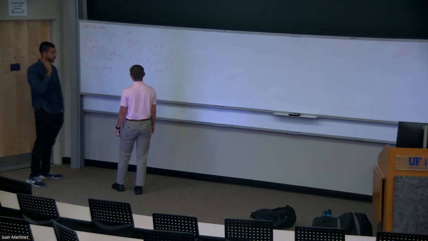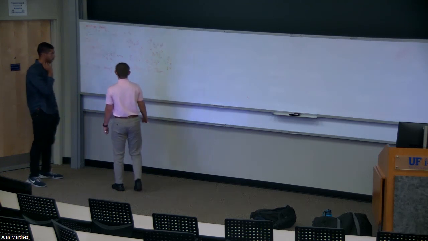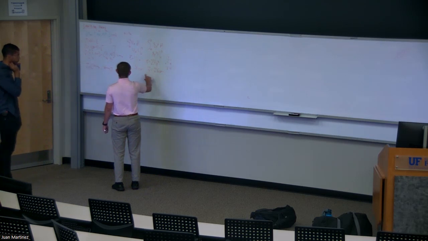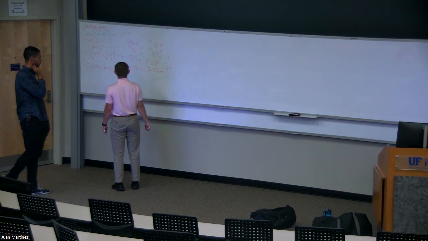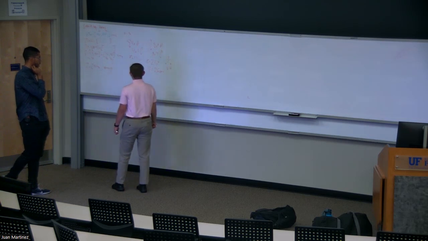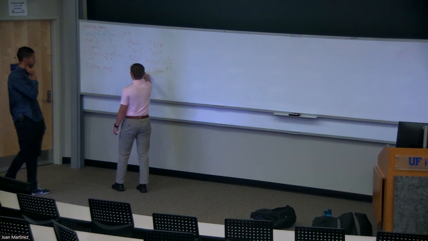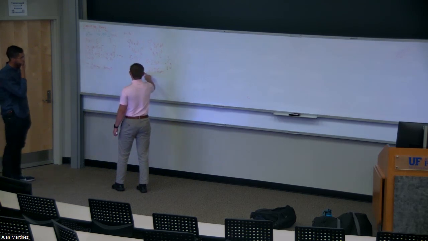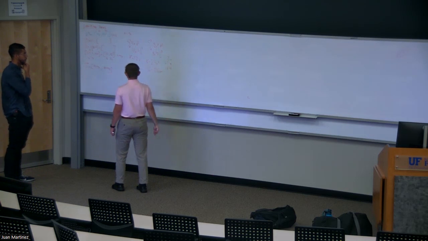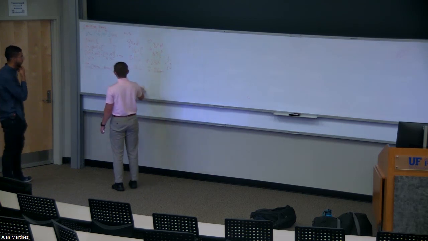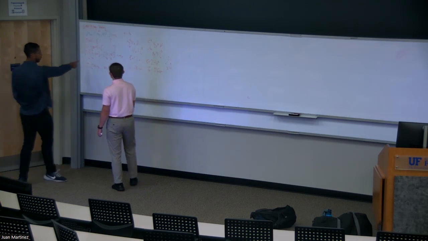So what's going on now? Since we integrated over 0 to 3, this is the distance vector in the x direction and y direction over the three seconds. It's not the initial.